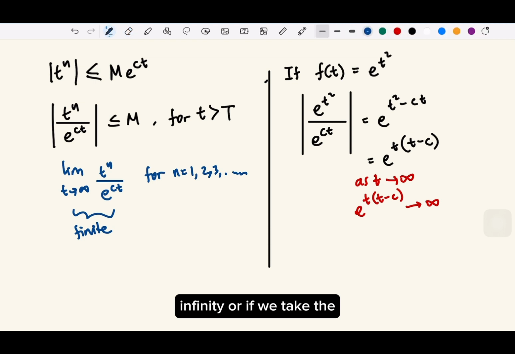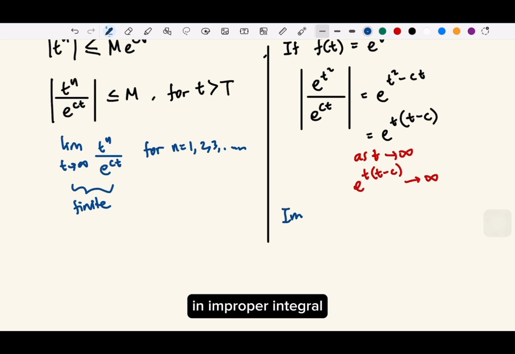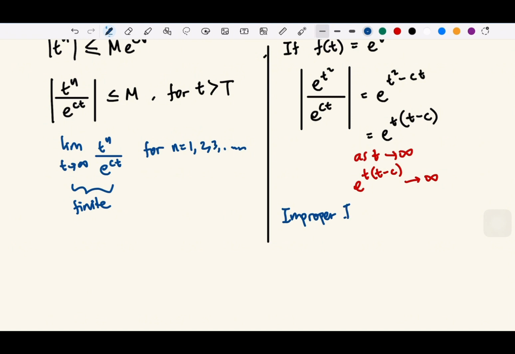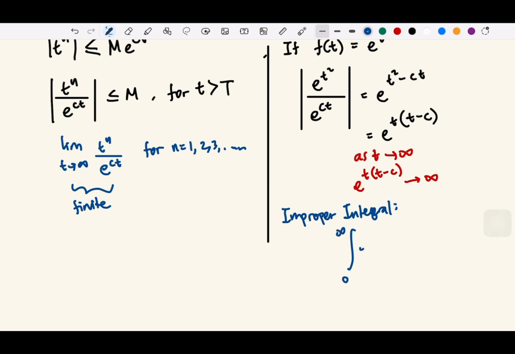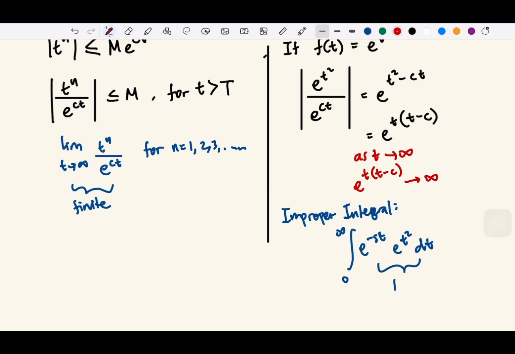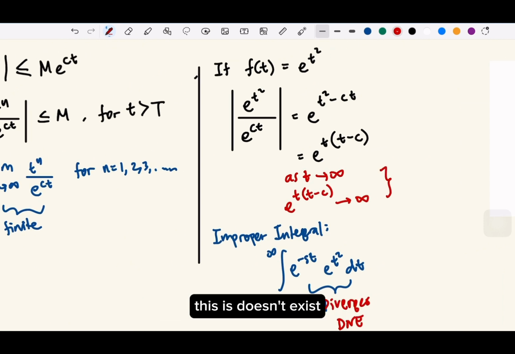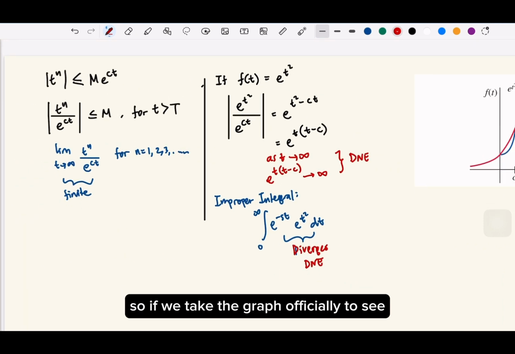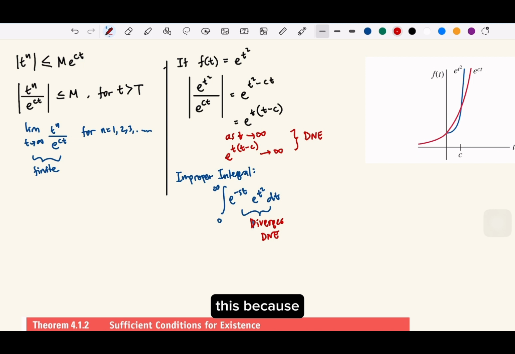Or if we take the improper integral, the definition of Laplace, and if you solve this, you will see that it diverges, so it doesn't exist. As we see from this limit here, the limit doesn't exist.